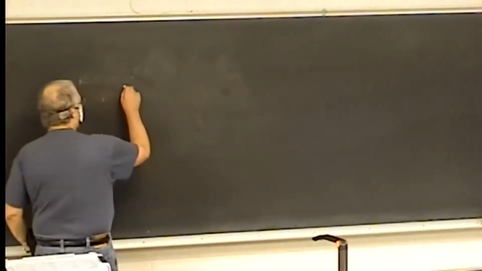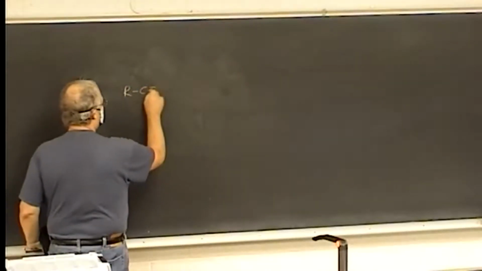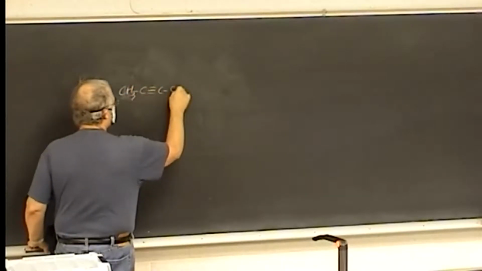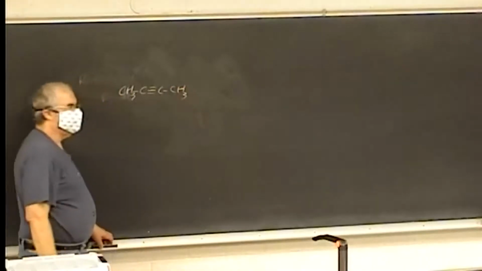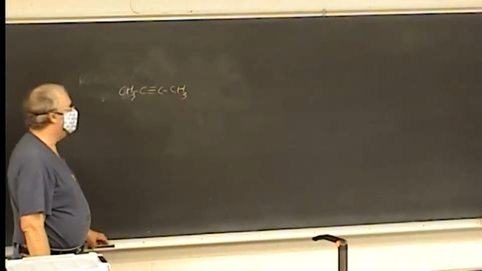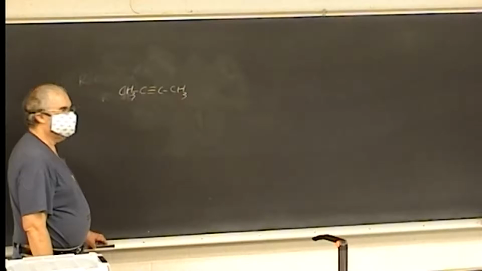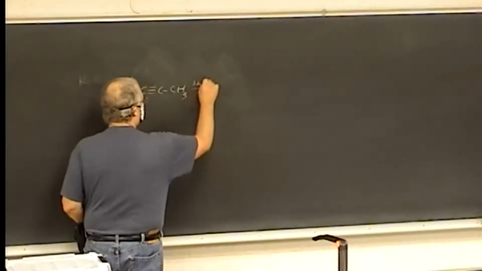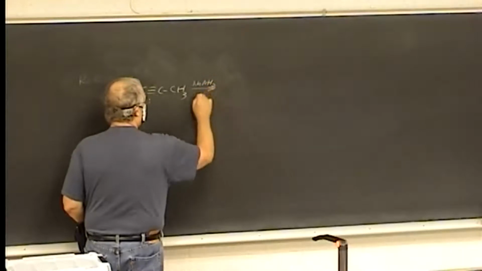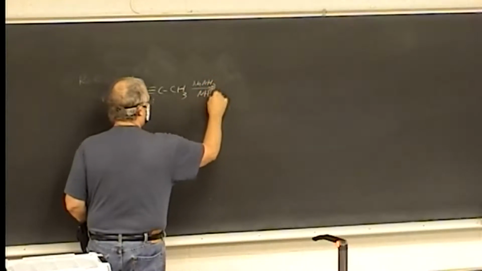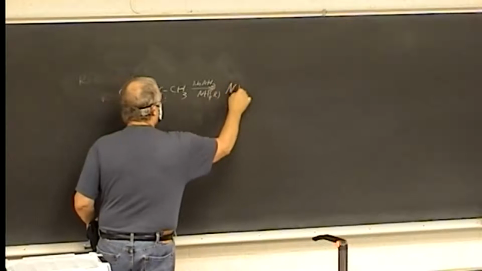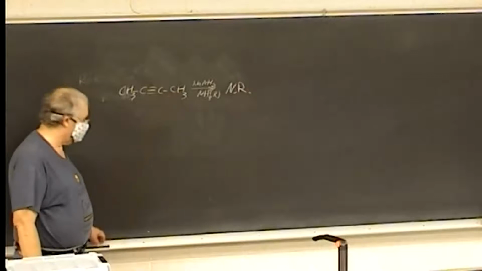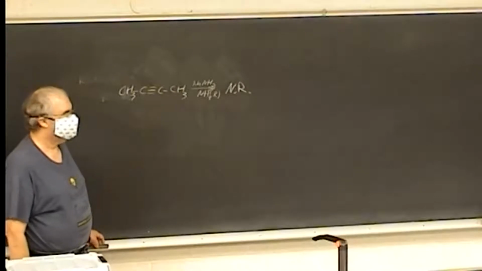If we have an alkyne which is not a terminal alkyne, say something like 2-butyne, there'd be no reaction. Nothing would happen. These hydrogens are not acidic.